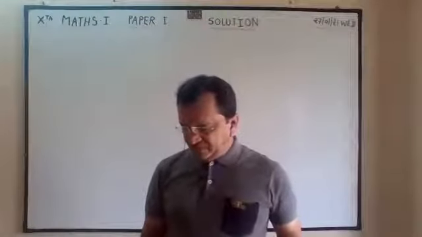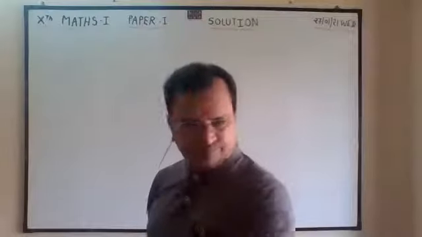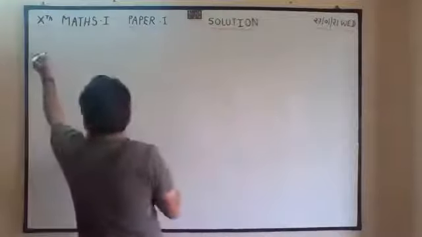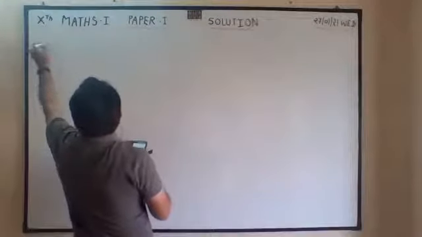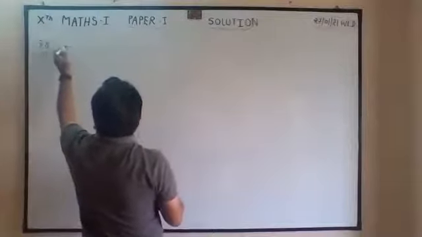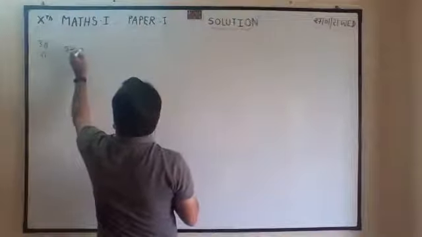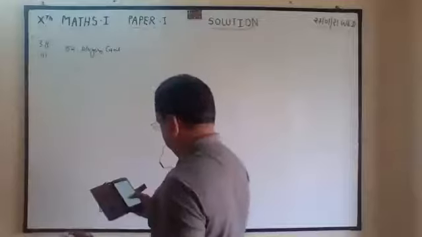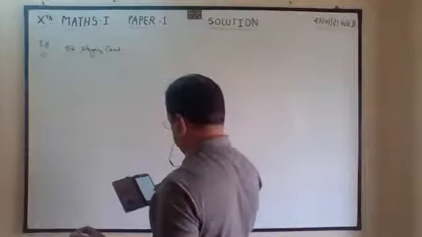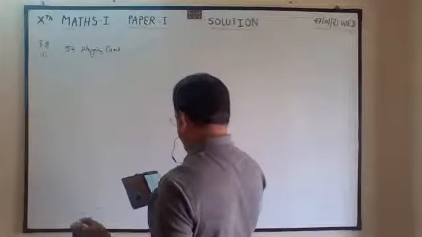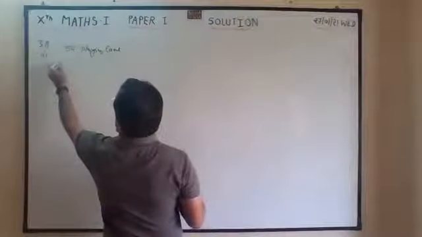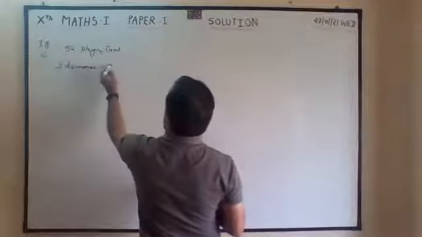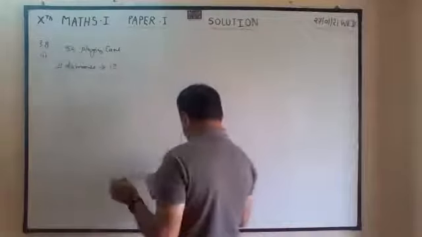A card is drawn from a well-shuffled pack of 52 playing cards. Diamonds: there are 13 cards, 1/4.